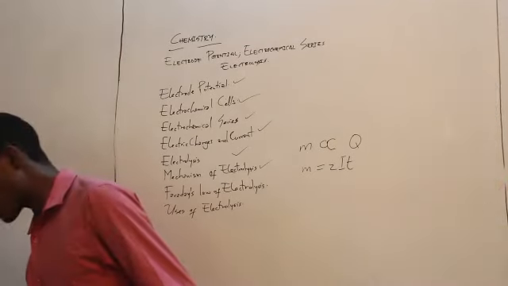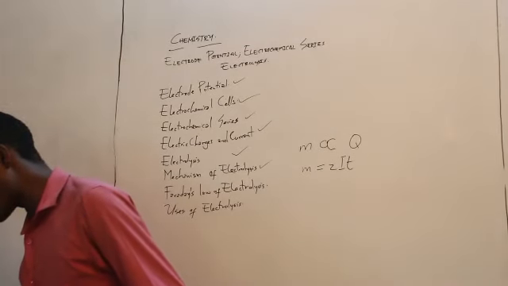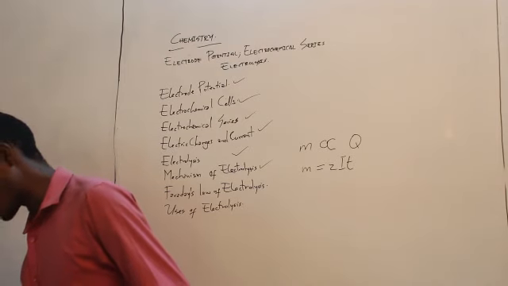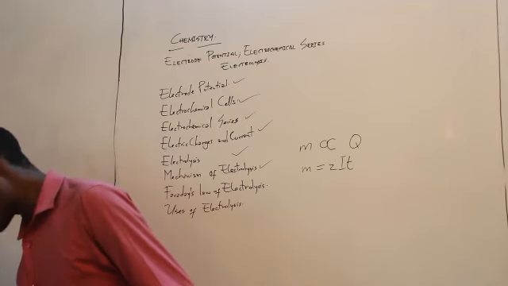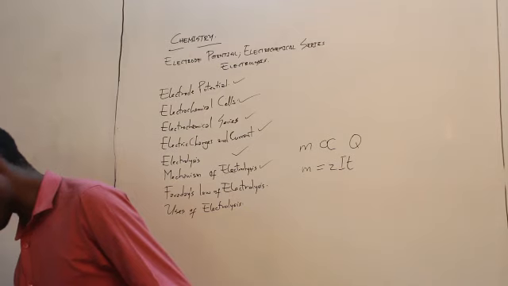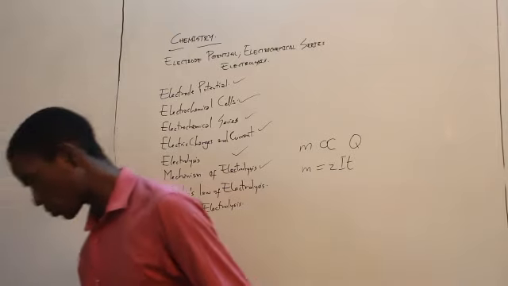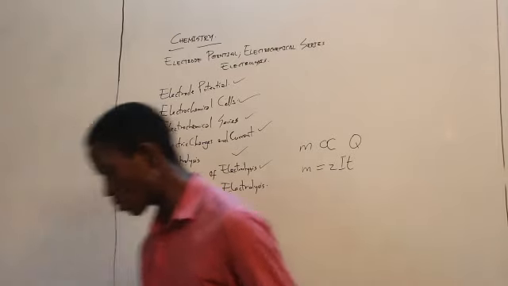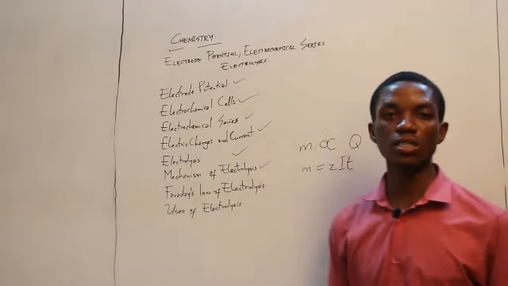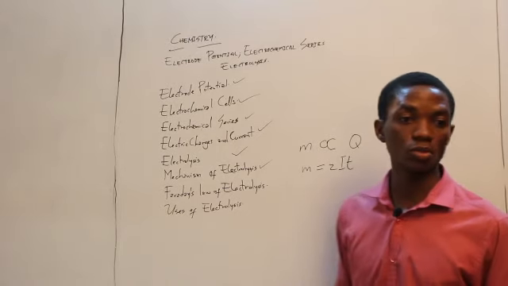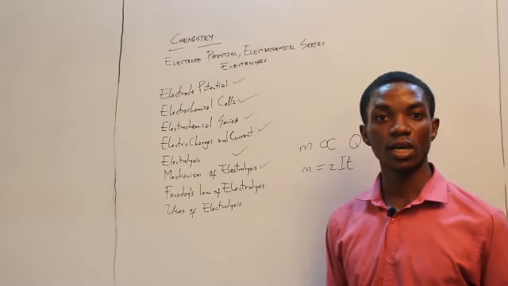The second law of Faraday states that when the same quantity of electricity is passed across different electrolytes, the relative molecular mass, or rather the relative number of molecules of the element discharged, is directly proportional to the ions of the system. So Faraday was just trying to prove to us that there is a consistency when it comes to this particular thing.